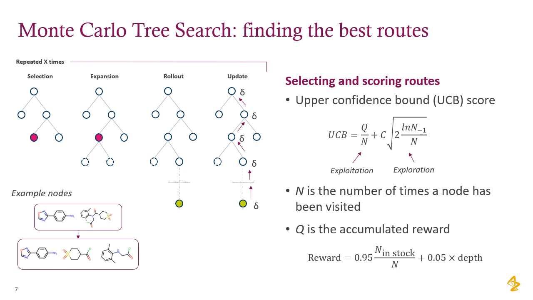So when we reach a terminal node, we can calculate the reward, the cost of that set of molecules, which is a function of the depth, how many steps it required to reach that node, and the fraction of the molecules represented by that node that are in stock. If you want to know more about the math and so about Monte Carlo research, I suggest you read the literature.